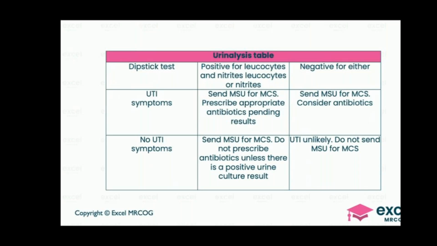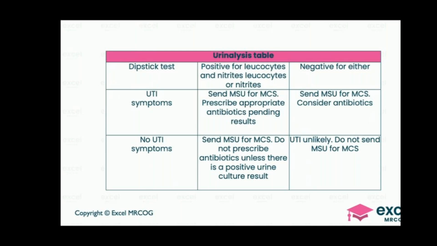If leukocytes and nitrites are positive, you would send culture, wait, and then give antibiotics if the culture is growing. If not growing, no antibiotics. If there are no UTI symptoms and she's negative for either, one of them negative or one positive, you don't need to do anything.